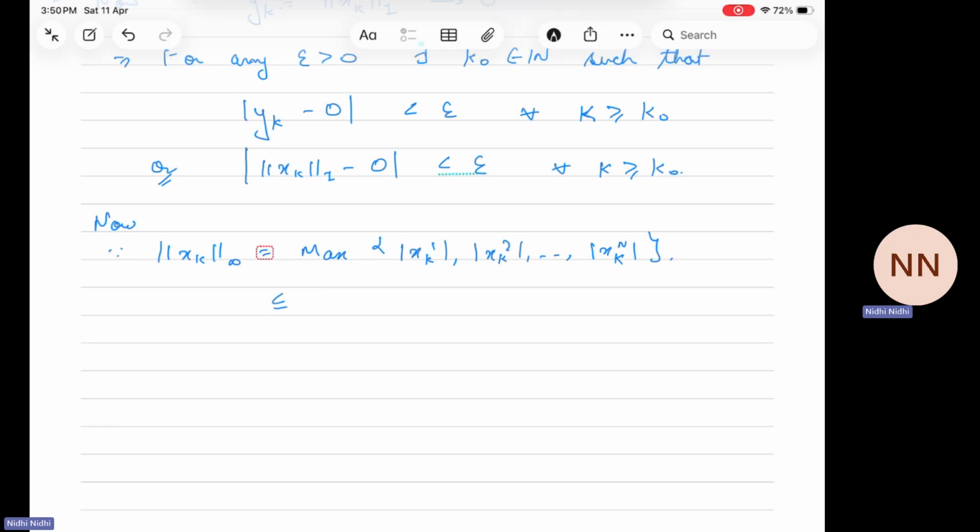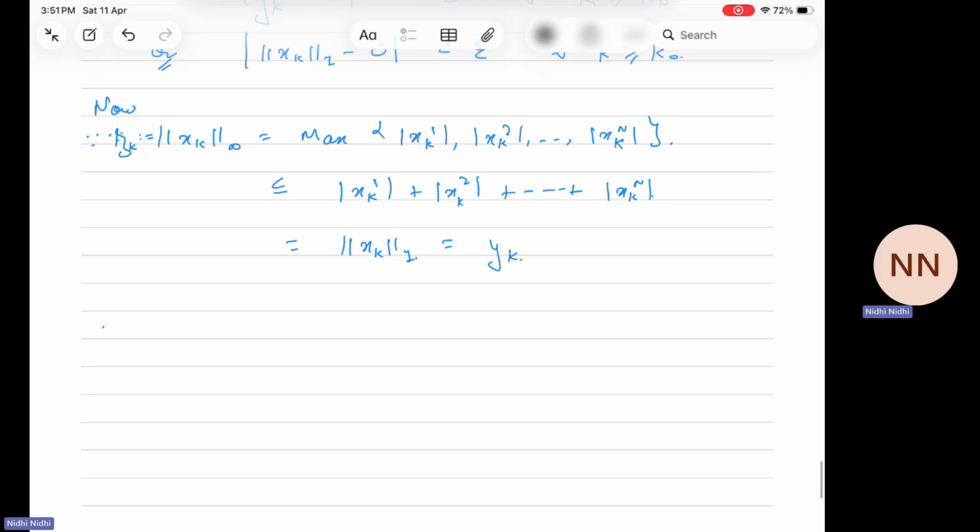That must be less than or equal to this sum, because all the terms are positive and one of these values will be equal to the sup norm. So eventually this will be less than or equal to mod xk1 plus mod xk2 up till mod xkn, which is the one norm of xk, which is yk. And this was our zk.